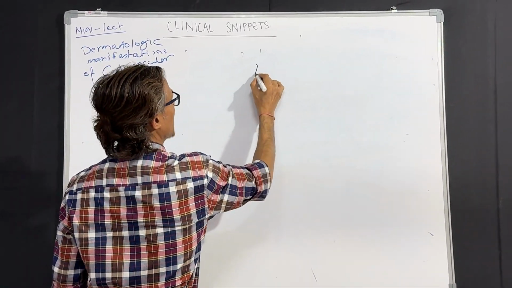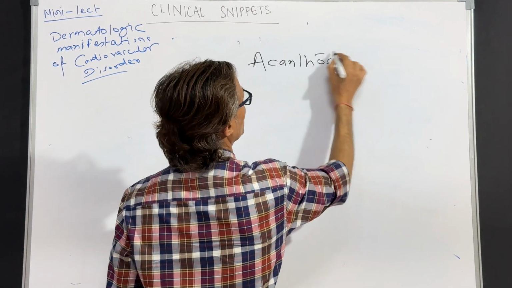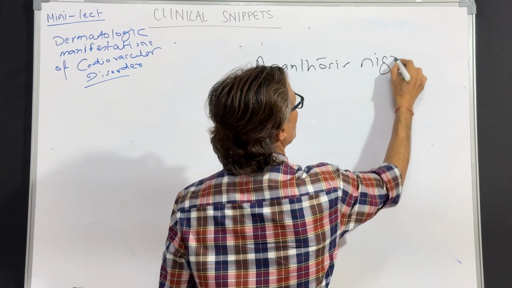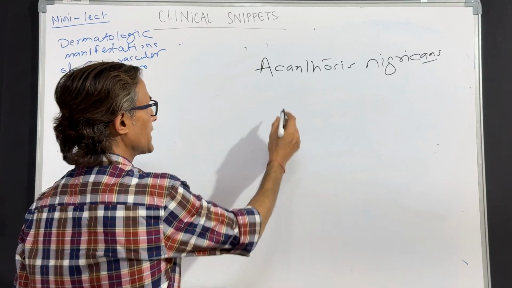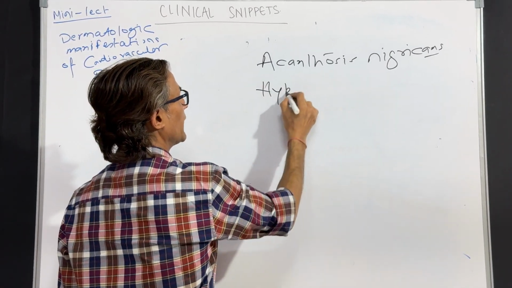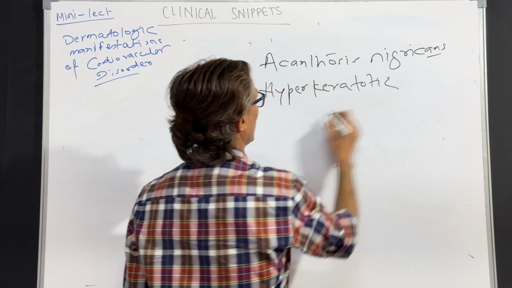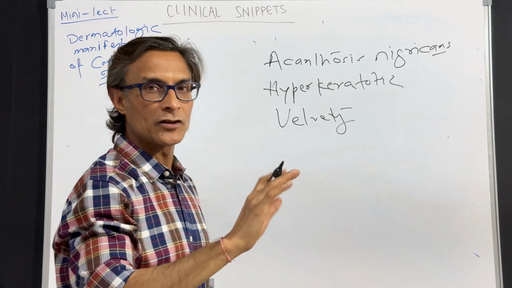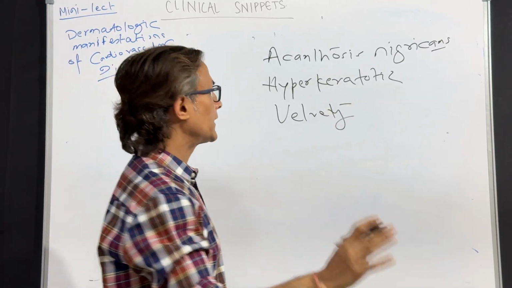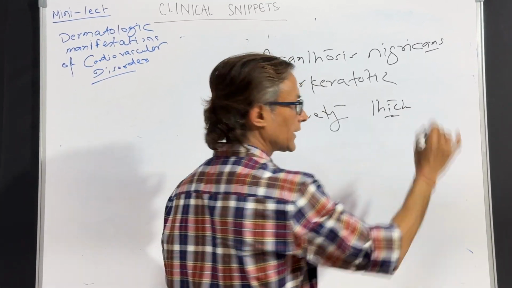Then acanthosis nigricans. If I talk of acanthosis nigricans, what is it? Hyperkeratotic, velvety, blackish, bluish, velvet color, thickening of what?